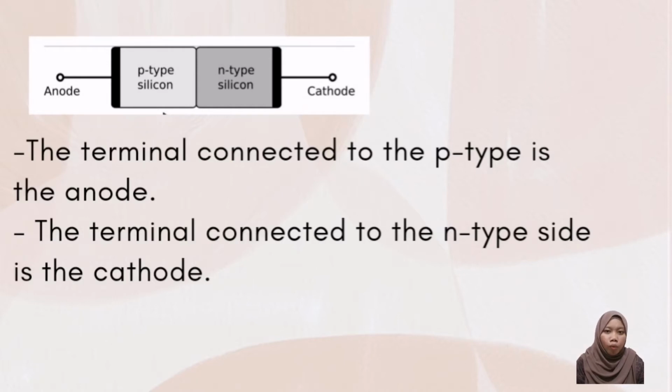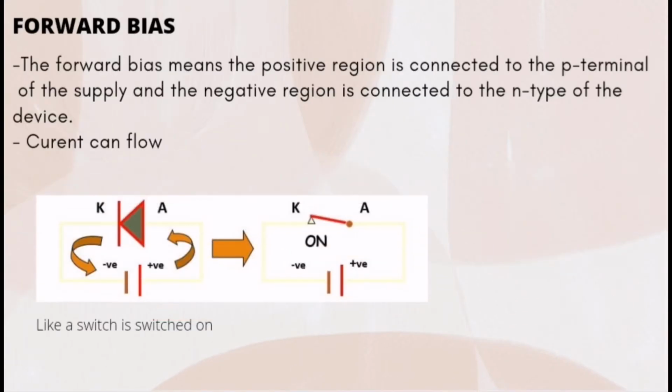We can also form a PN junction by joining a P-type semiconductor and an N-type semiconductor together with a special fabrication technique. The terminal connected to the P-type is the anode, and the terminal connected to the N-type side is the cathode.